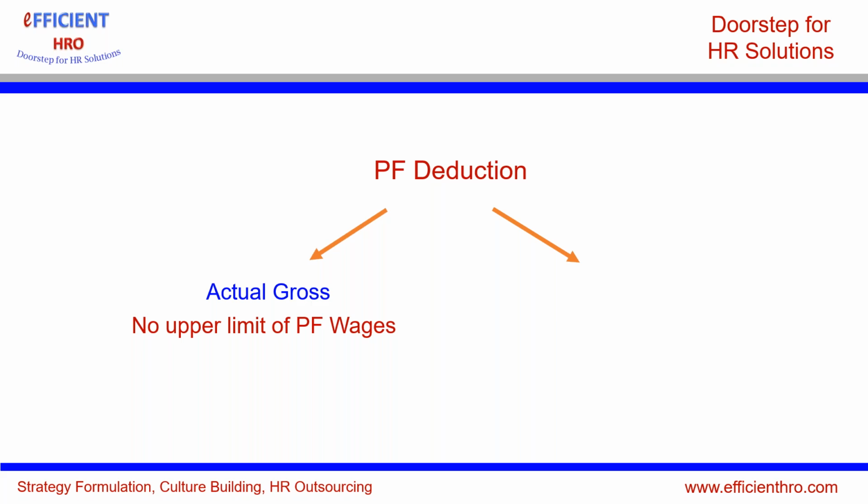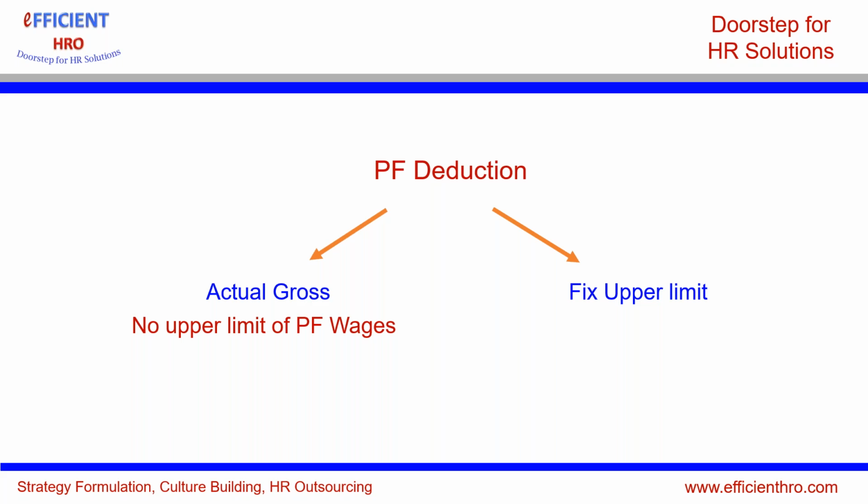There is no upper limit mentioned by the PF authorities. However, there is one more option wherein the organizations can choose that they will go with a fixed upper limit.